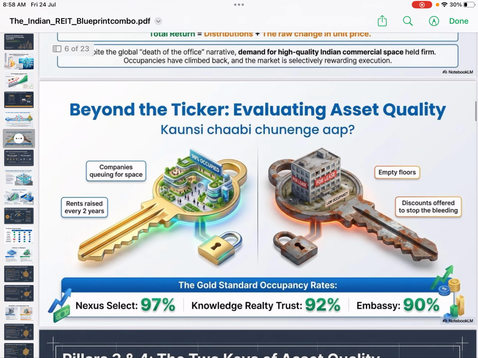Building A is 98% full, occupied by tenants like Google, Amazon, JP Morgan, who have signed a 10-year lease. Versus building B, which has empty floors, retail tenants and tenants who keep leaving. Which one would you pick? Obviously you would pick the first one, right?